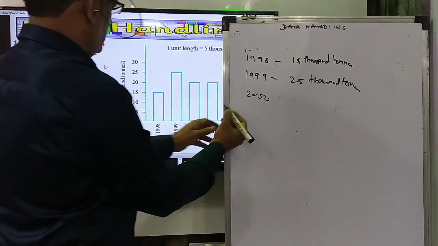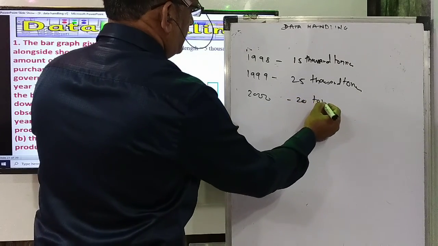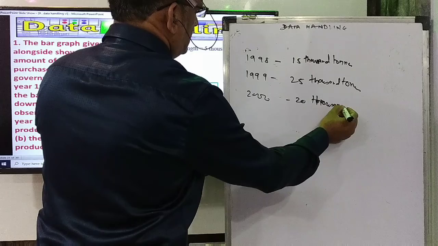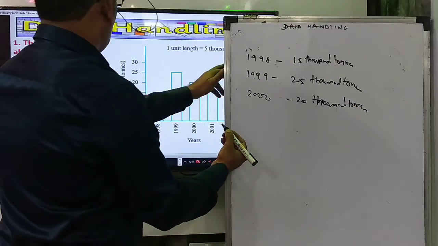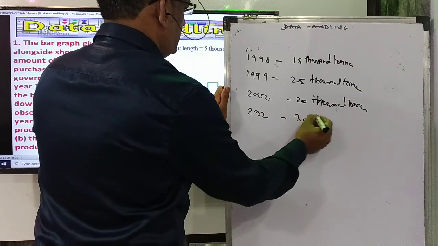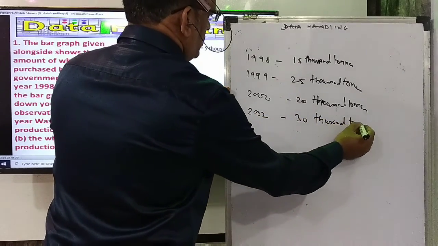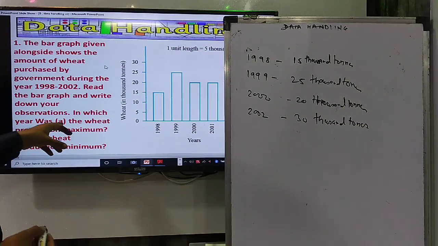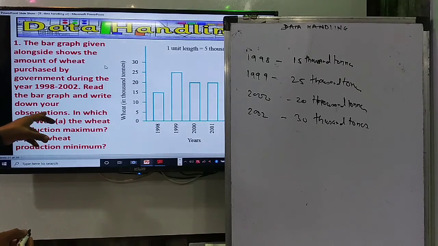In 2000, wheat production is 20,000 tons. In 2002, wheat production is 30,000 tons. So we have now got all the information with us. Now the first question: in which year was wheat production maximum?